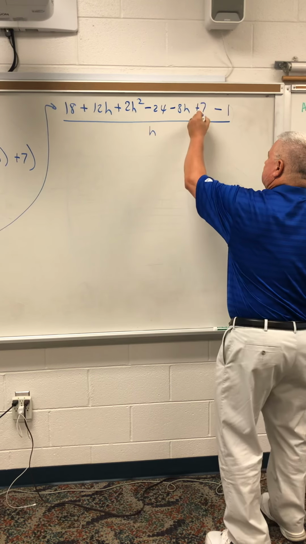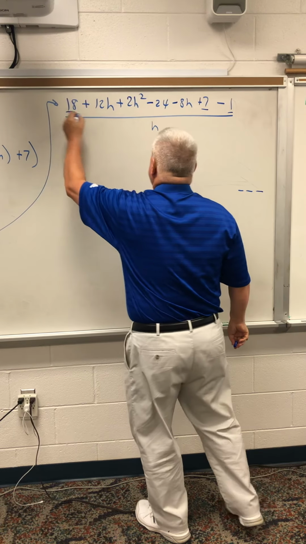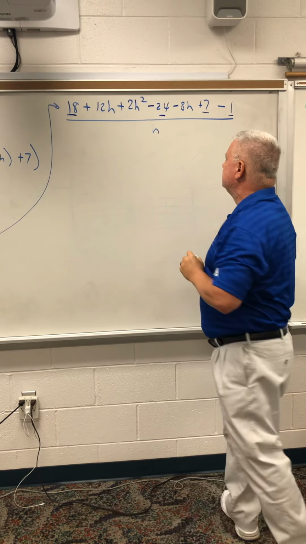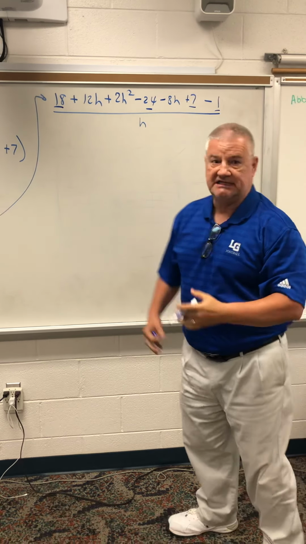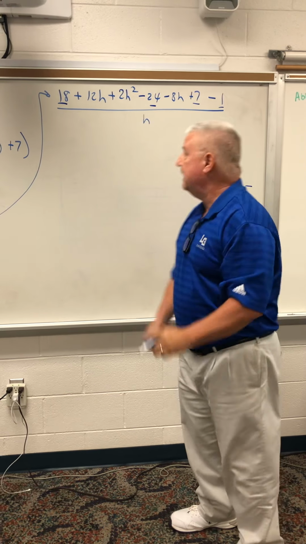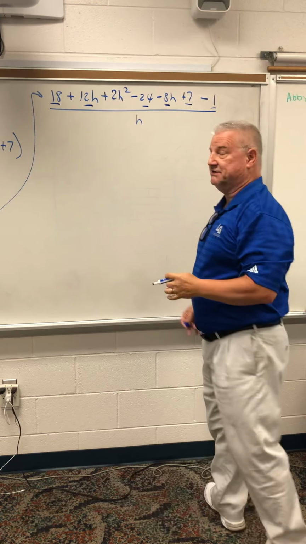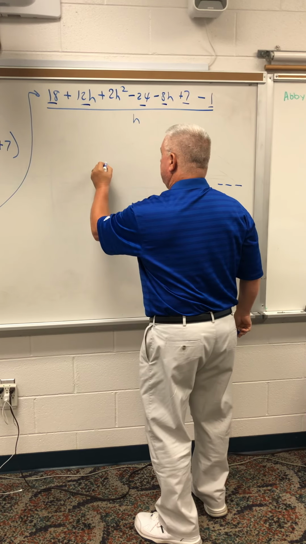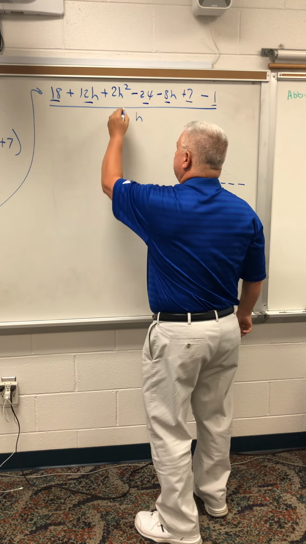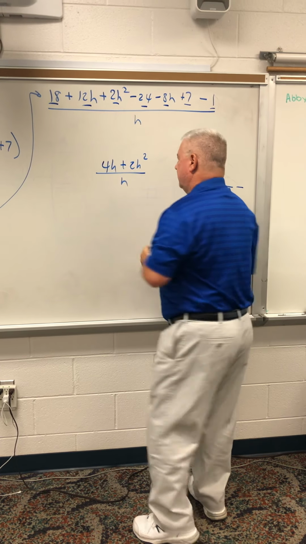Let's see, 7 minus 1, that's 6. 18 minus 24 is negative 6. So negative 6 plus 6 adds up to 0. They don't cancel out, they add up to 0, or at least in our class, they don't cancel out. All right, we add these and you get 4h plus 2h squared, all over h.